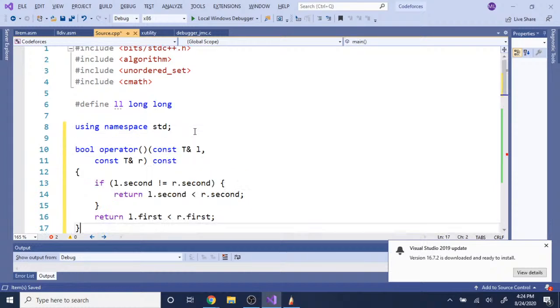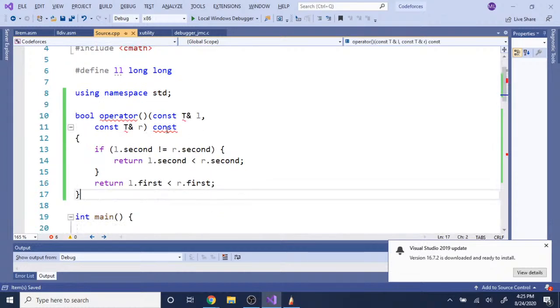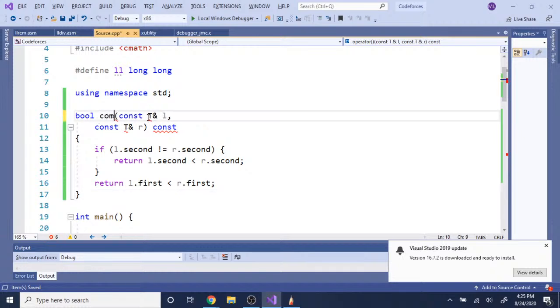So this is another function. Oh Lord. Okay, bool compare. I don't need this.